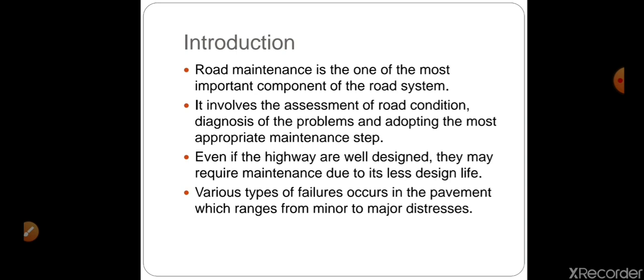The transfer of the load happens from grain to grain. One layer's failure is obviously reflected in other layers too. If a subgrade fails, obviously it is reflected in all the layers on top of it.